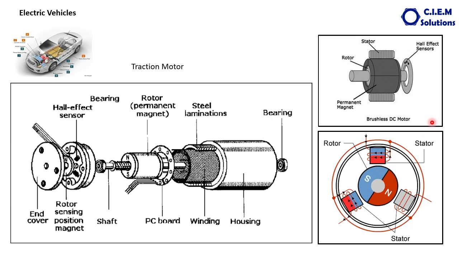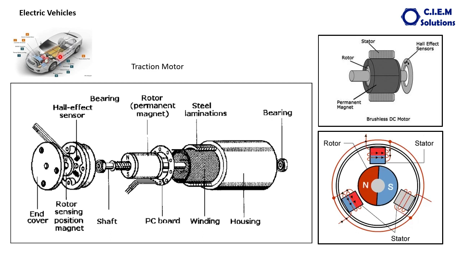The capacity of the motor will vary from 50 kilowatts to 200 kilowatts in cars. In the case of buses, it will be more. When it comes to how long the battery charge lasts, or what distance a car can travel, it depends on the battery packs.